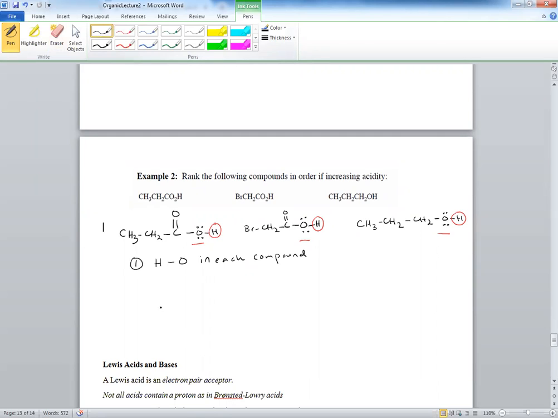The question is, we start looking in the vicinity. Is there anything? Well, the only way we can do is by looking again, drawing the conjugate bases. So let's draw the conjugate bases.